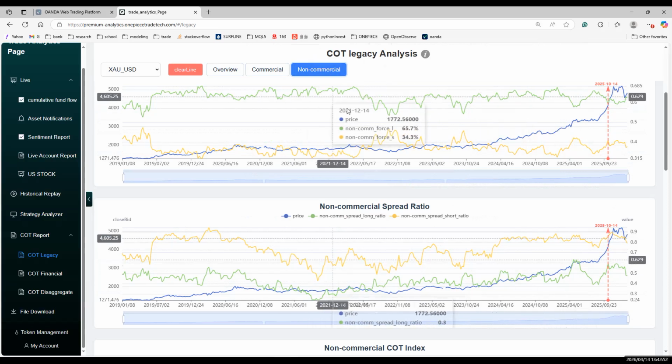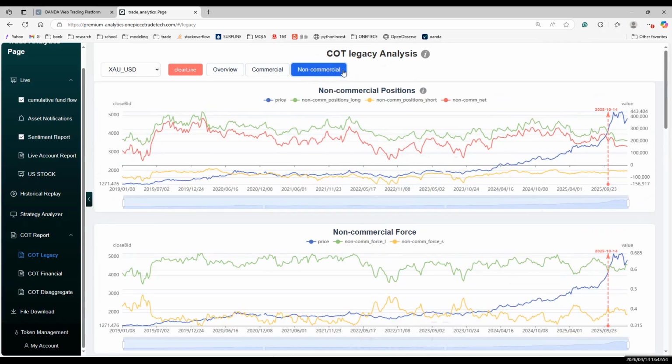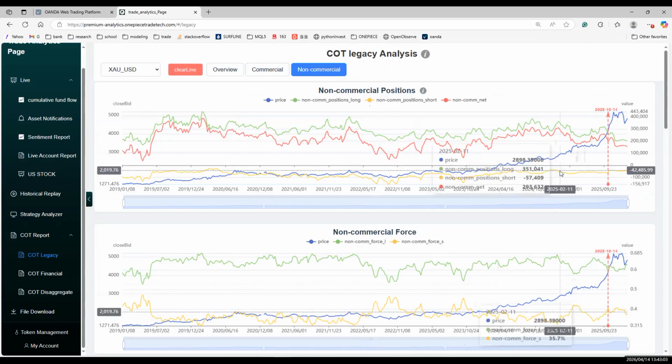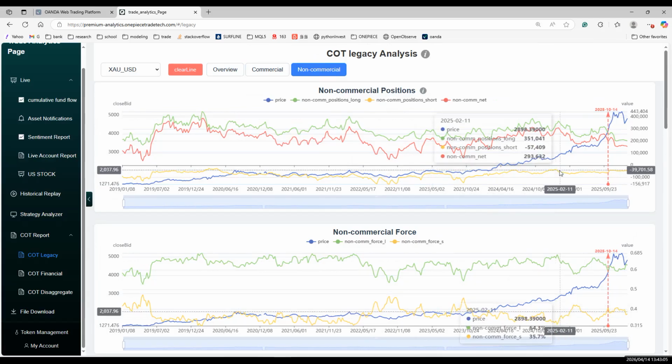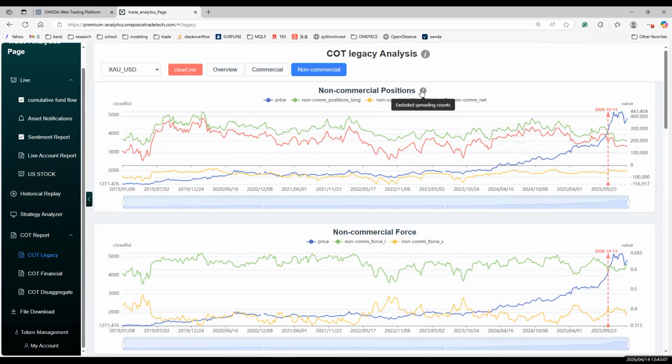So let's look at the positions held by the non-commercials. As we see, the yellow line is the short contract. First of all, in the non-commercial categories, there is a concept called spreading. Here in our chart we exclude the spreading.